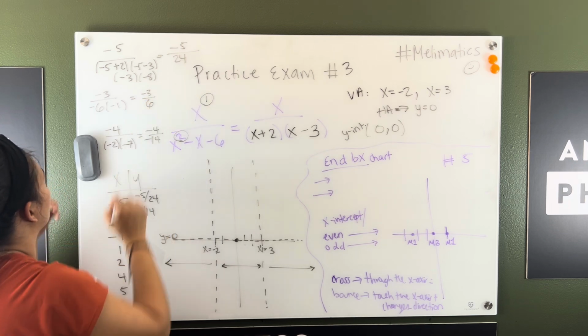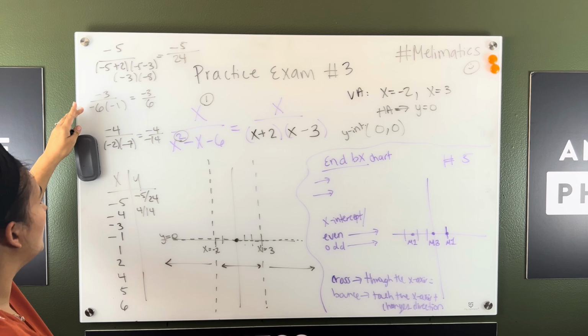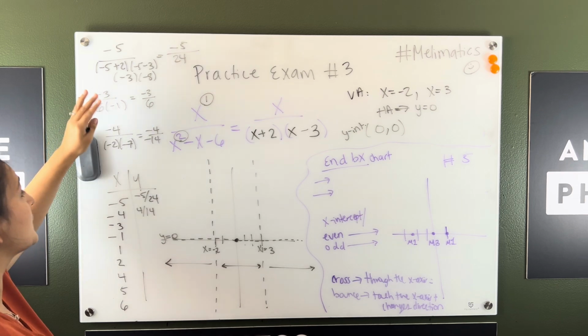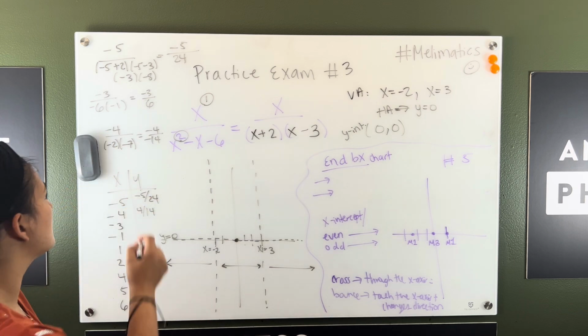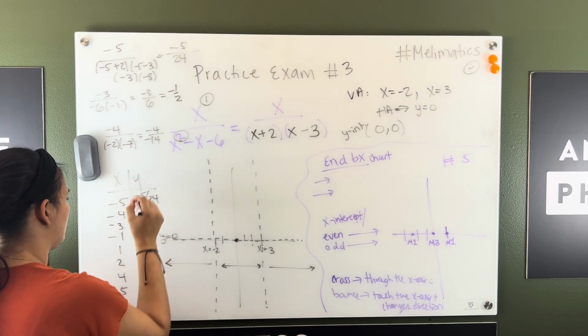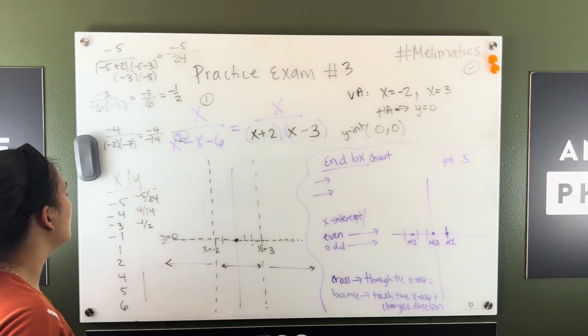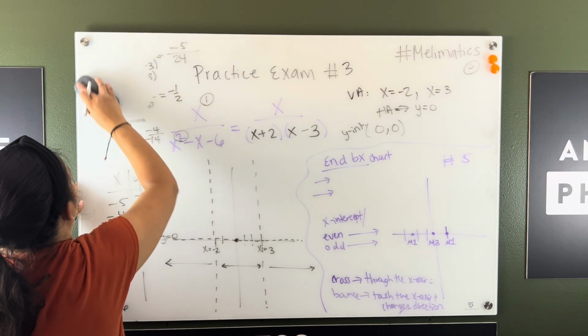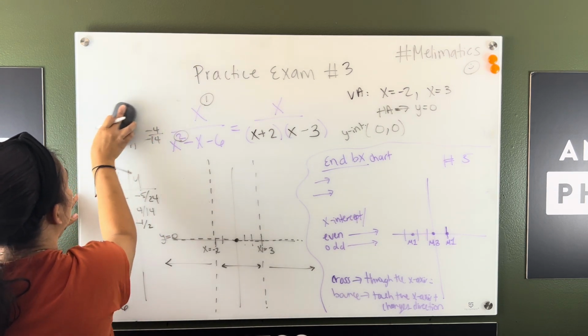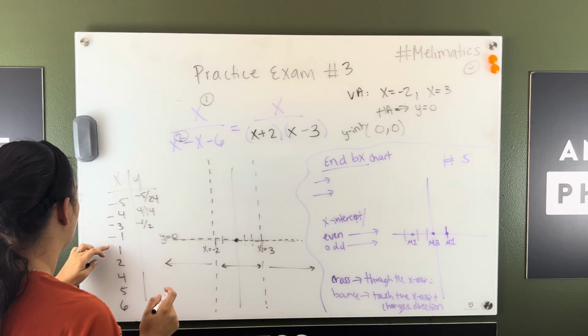Sorry, let me double check this one. Okay, so that's gonna be -3 over +6, which is -1/2. Okay, and then just keep plugging in. So let's keep plugging in, connect our points. All right, plug in -1.